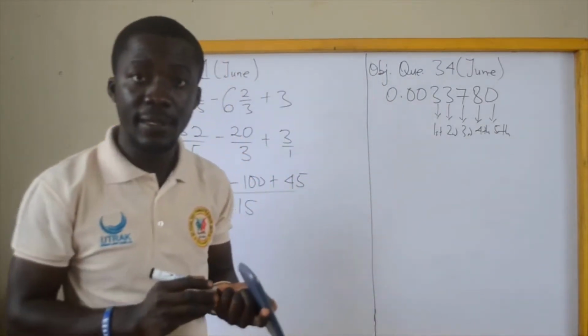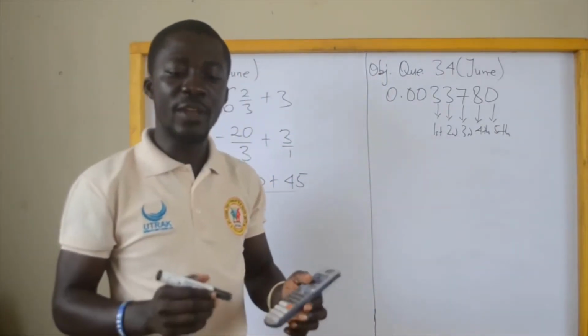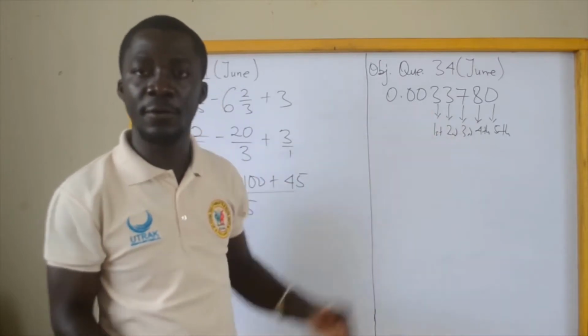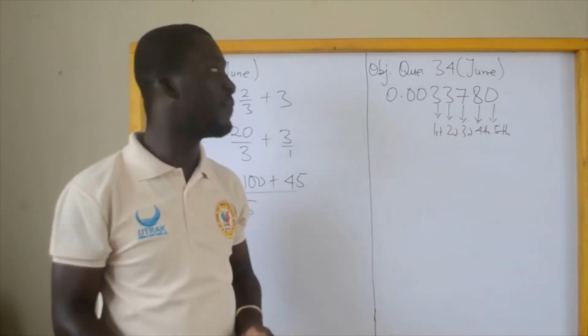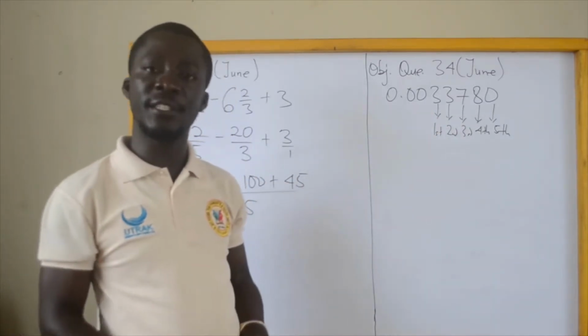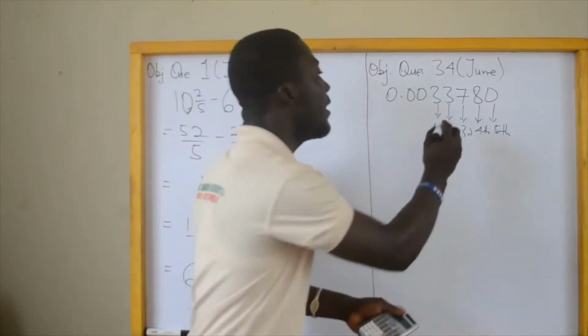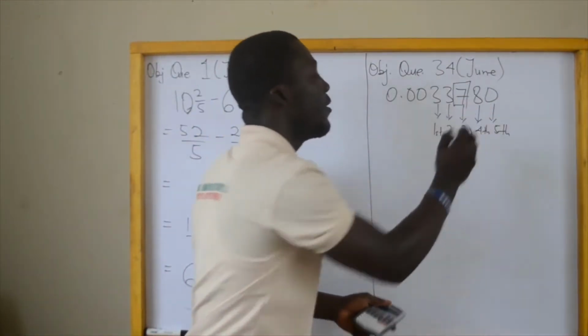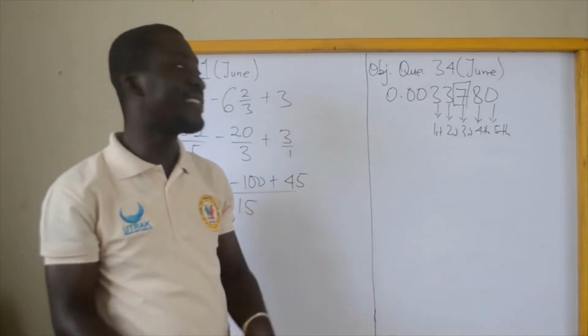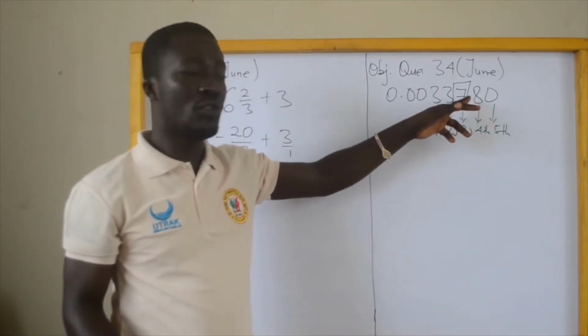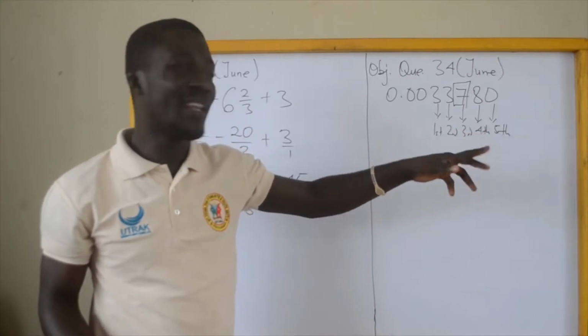But our question is demanding that we approximate this decimal to 3 significant figures. So our concentration will be on the digit 7. We consider the next number to the right, and that's 8.